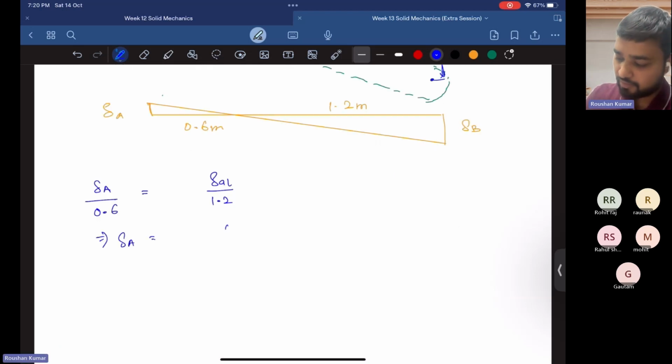Delta at point A is given by 0.5 of delta of aluminum.